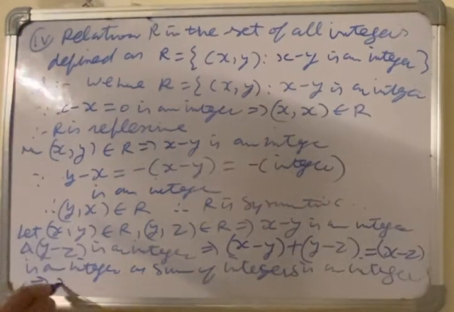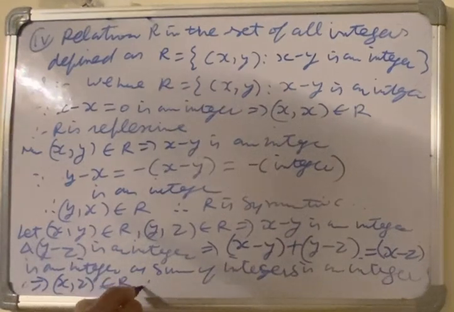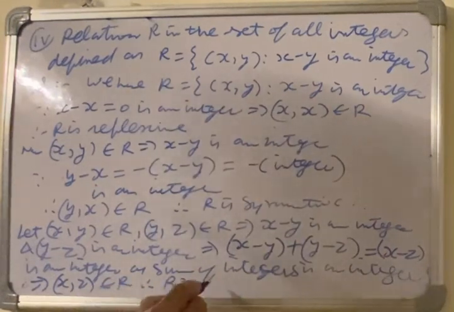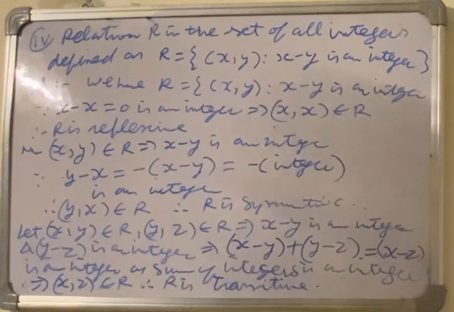That means (x, z) belongs to R. Therefore R is transitive. So here R is reflexive, R is symmetric, and R is transitive.